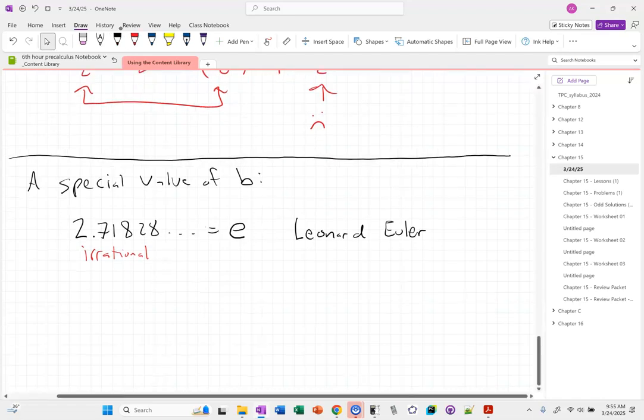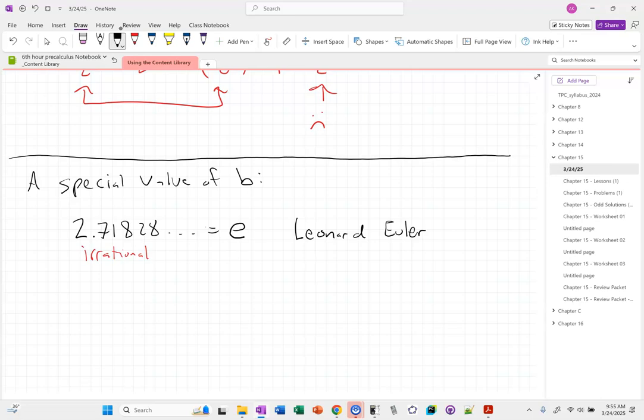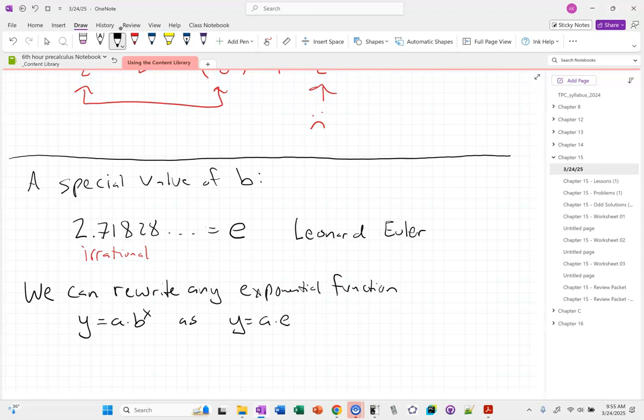So the reason why this number is particularly valuable to us is that we can rewrite any exponential function to have the base e.